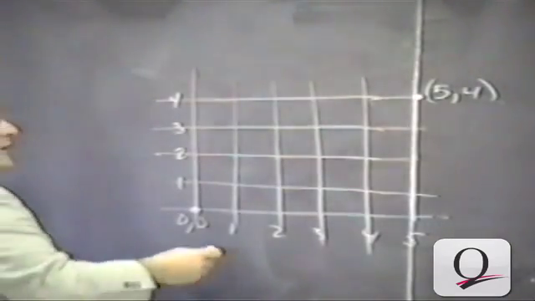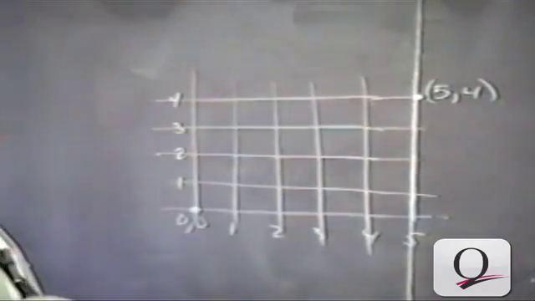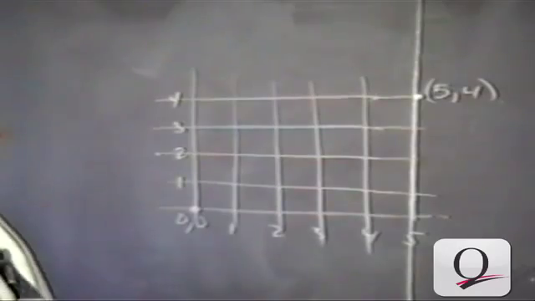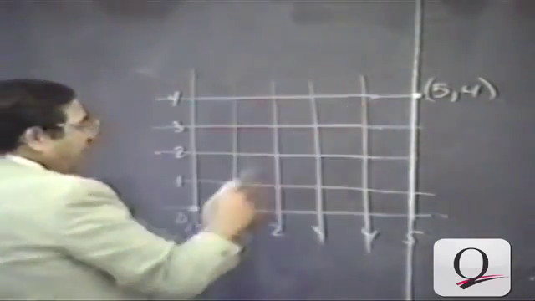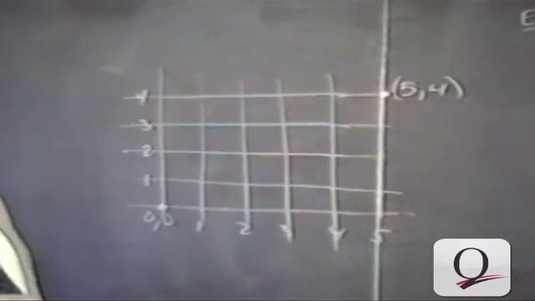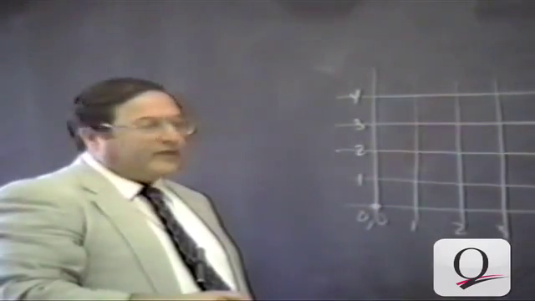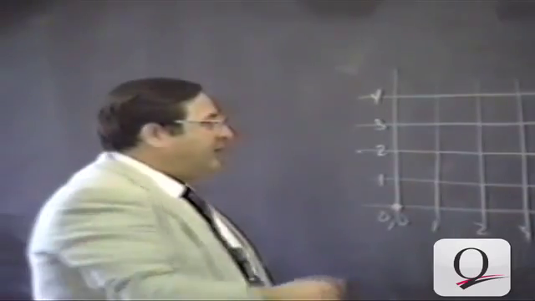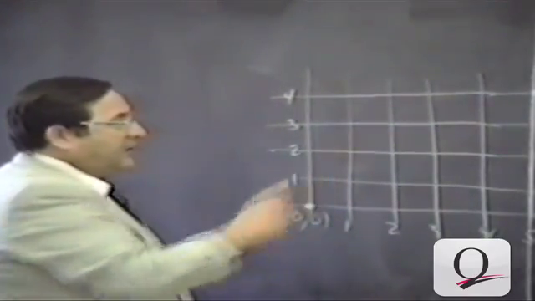You might think the horizontal are streets and the vertical are avenues or whatever. And you'd like to go and meet your friend from 0, 0 to 5, 4. How many ways are there to go from 0, 0 to 5, 4?